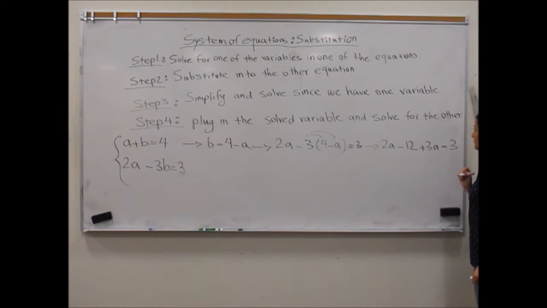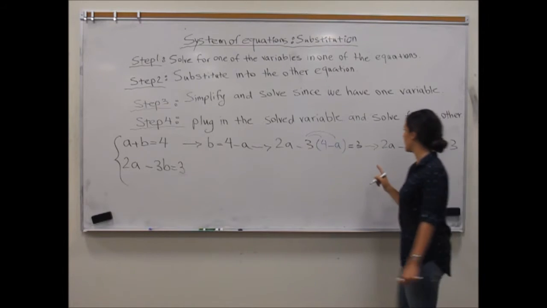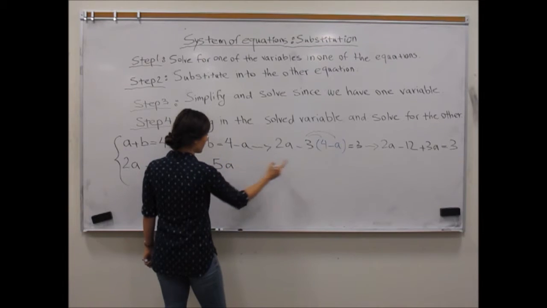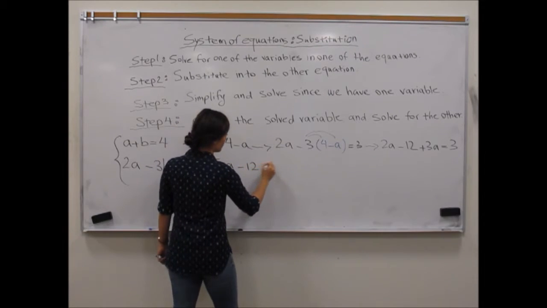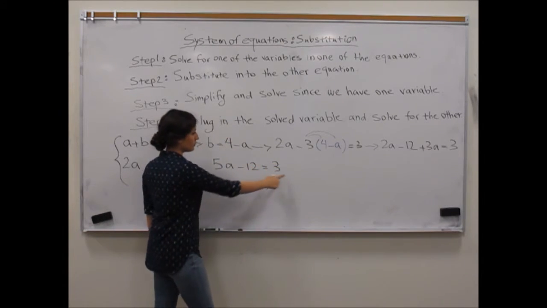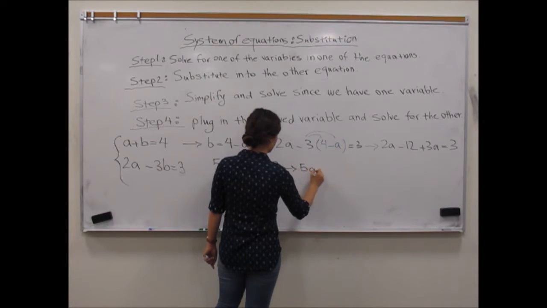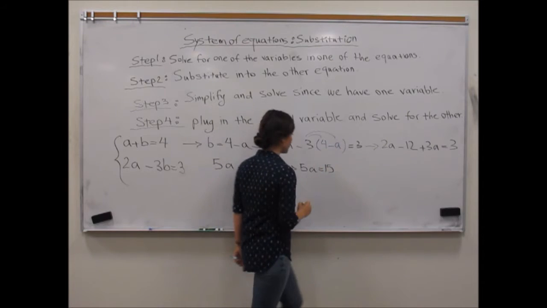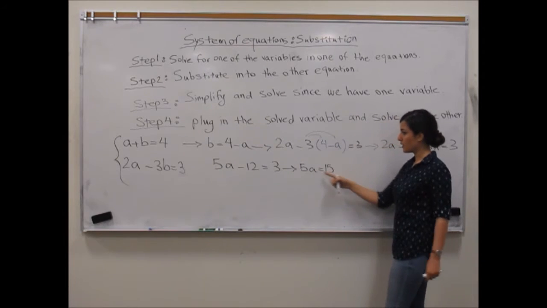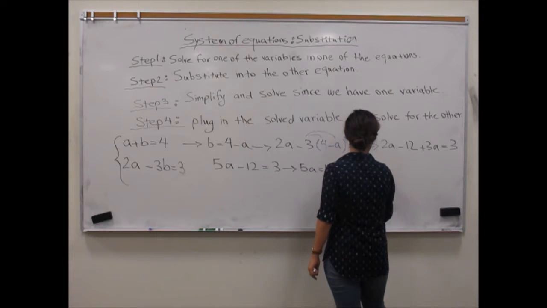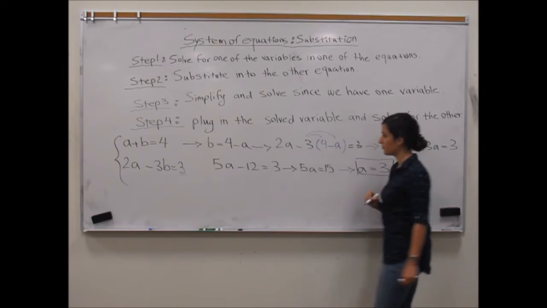So I have 2a plus 3a, that would be 5a, and then plus 12 on both sides, so I would have 5a equal 15. And then if I divide both sides by 5, I would get a equal 3.